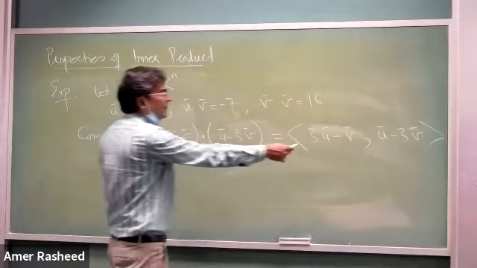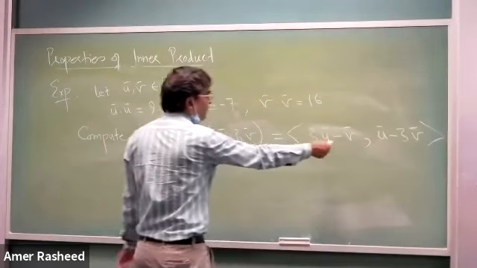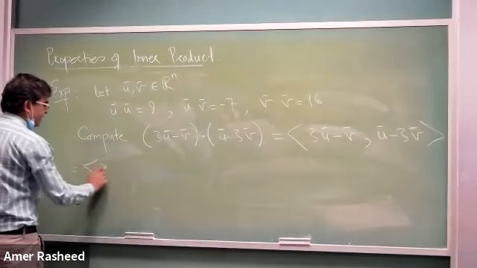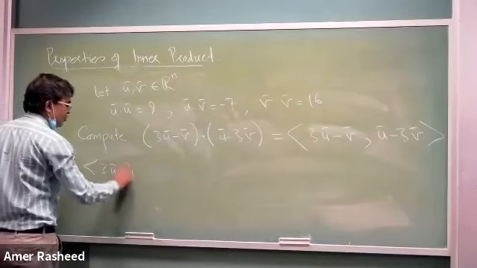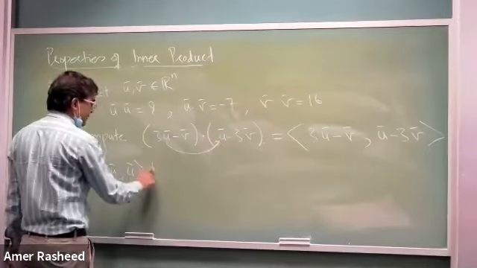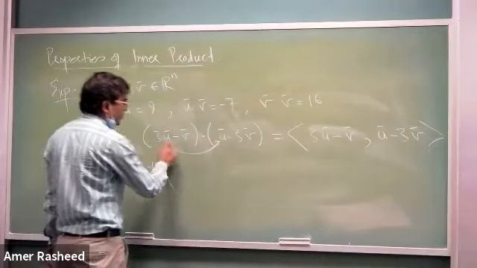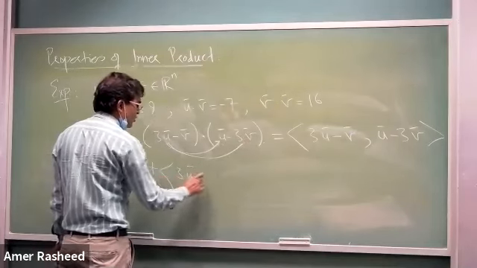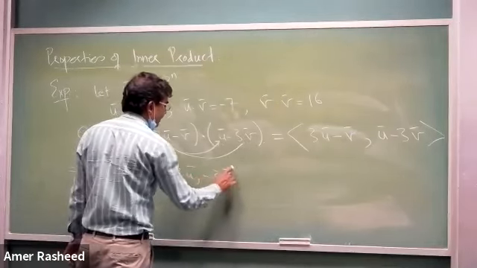Sir, I suggest you do it once, then we'll take it from there. Using the property that I explained earlier, what can we write from here? We can write the inner product of 3u with the first term, plus the first term's inner product with the second term, which is minus 3v.